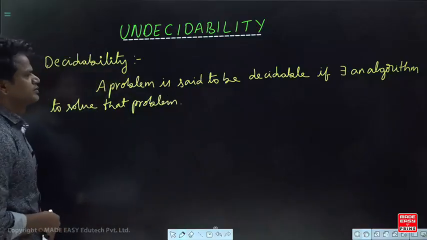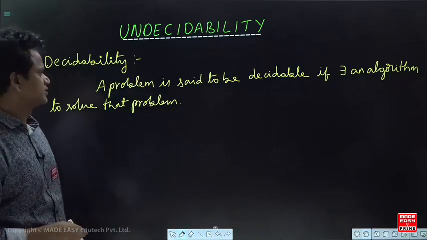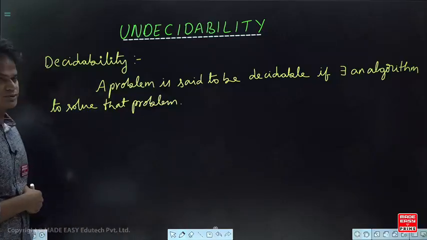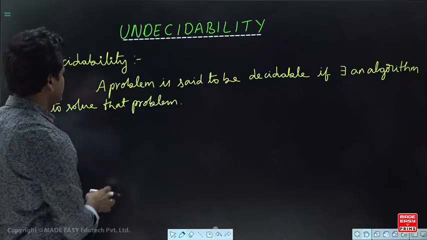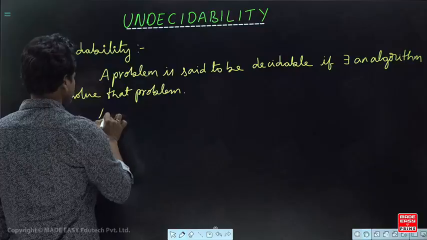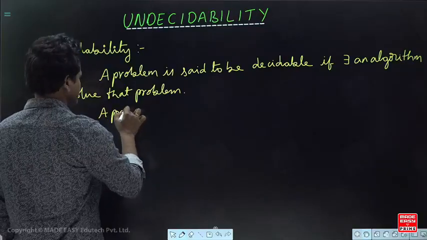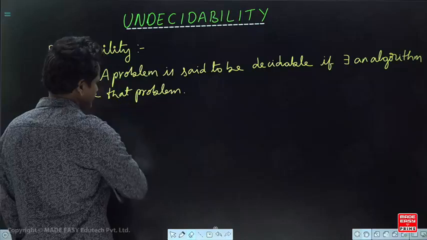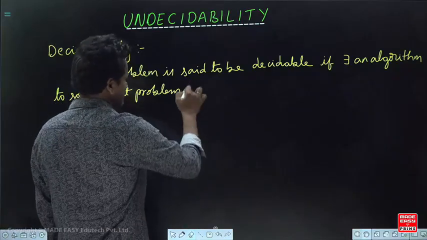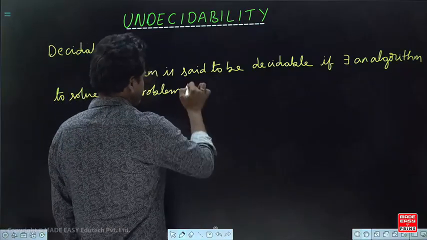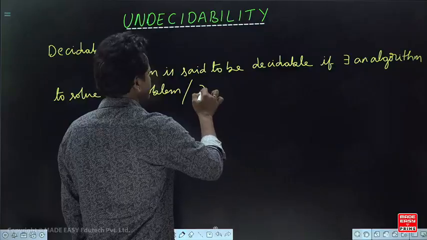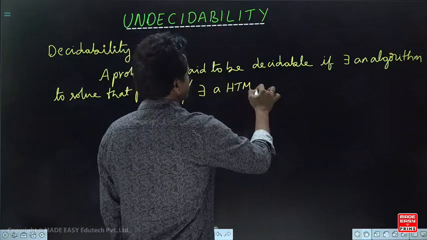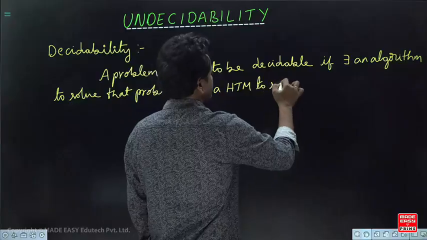A problem is said to be decidable if there exists an algorithm to solve that problem. Or you can say a problem is said to be decidable if there exists a HTM, halting Turing machine, to solve that problem.